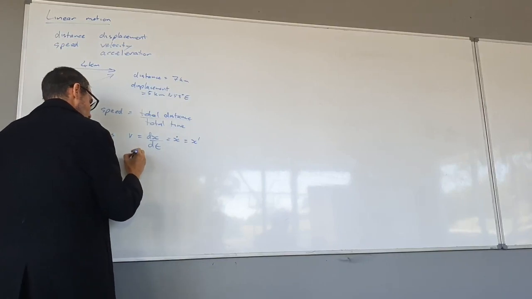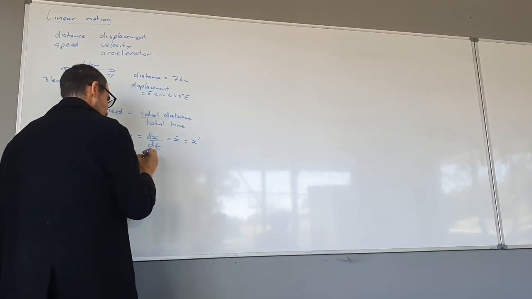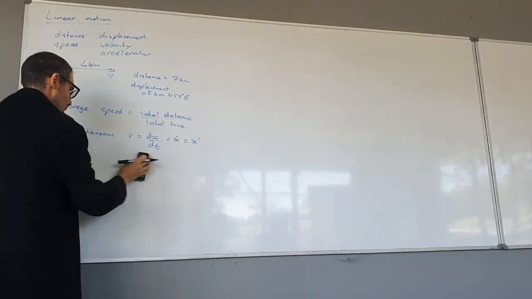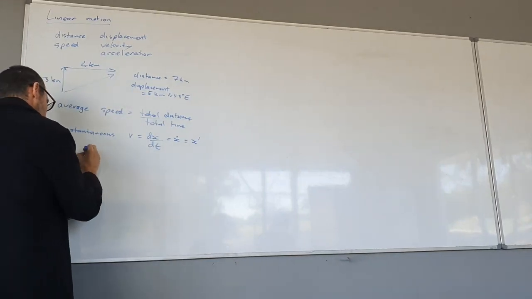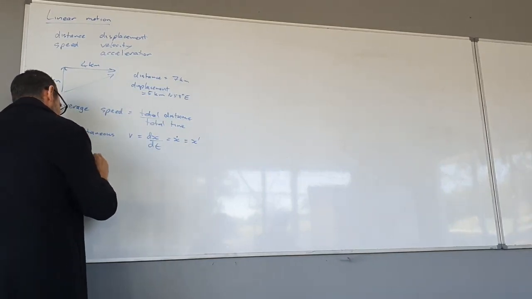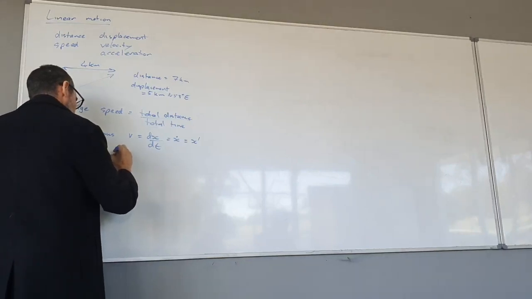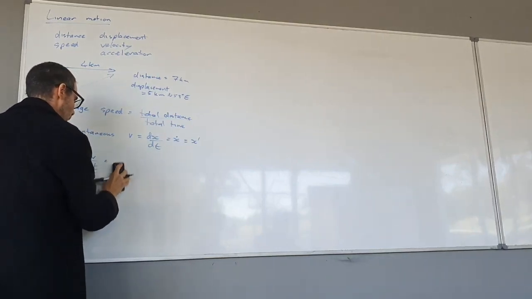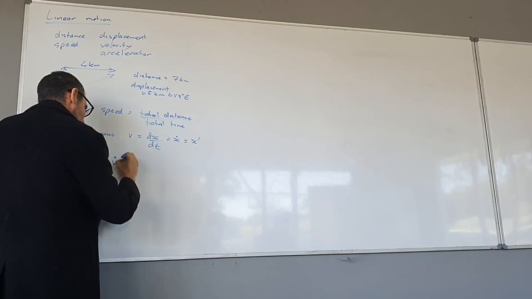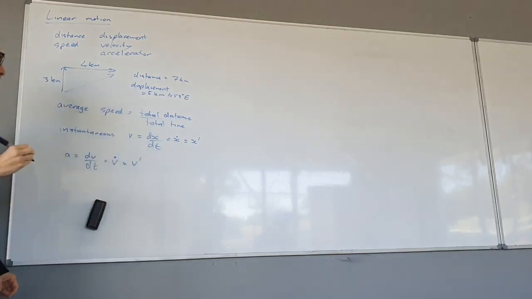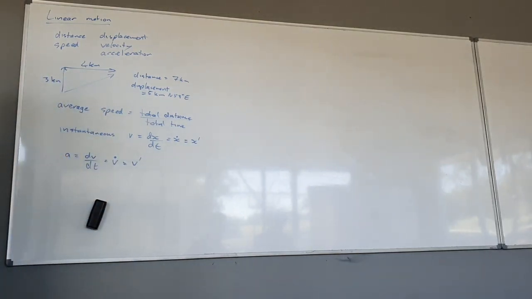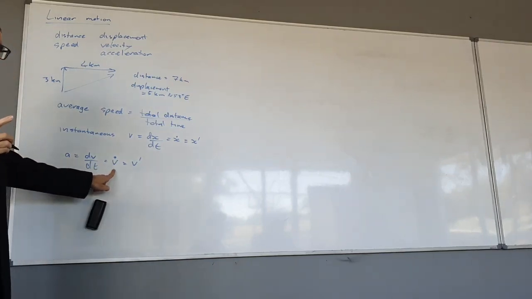And likewise, acceleration is dv/dt, which is v dot, or v dashed, but v is a derivative.